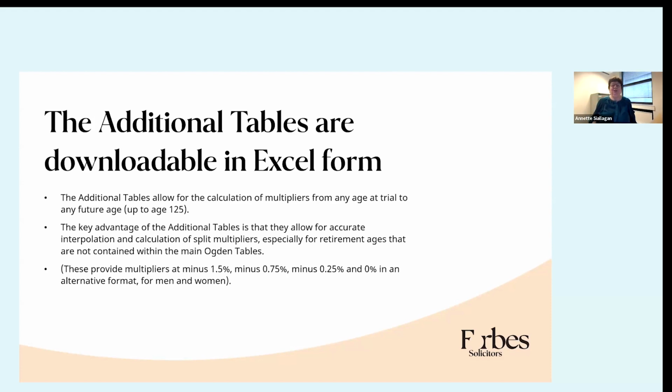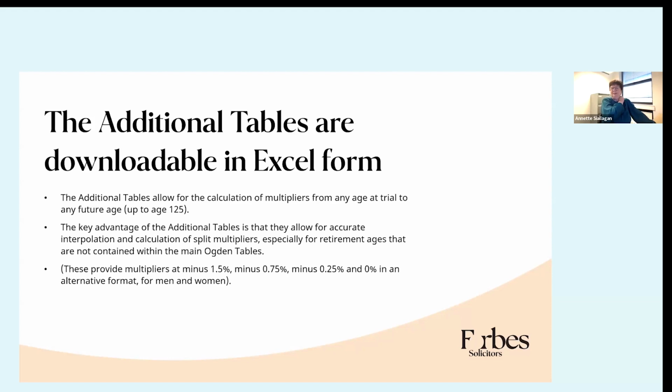Yeah, so if you use the additional tables, which are in Excel form, then that is slightly more accurate. But the only problem that I've found with the additional tables is that they've only got the discount rates of minus 1.5, minus 0.75, minus 0.25, and 0 for men and women.